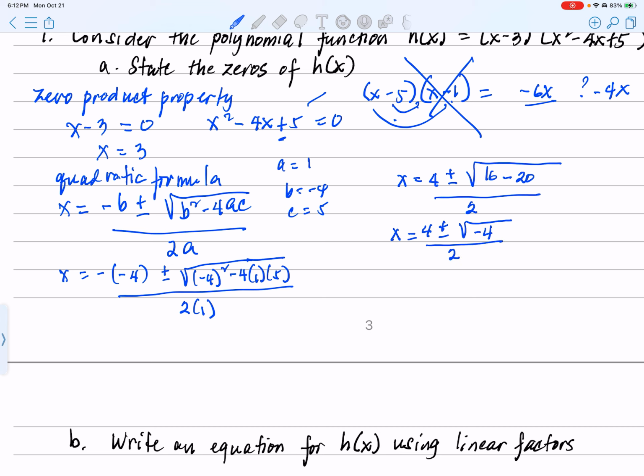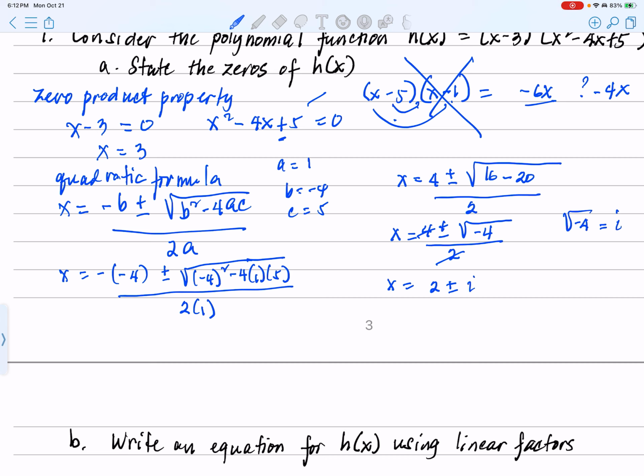Remember, when we have a negative value under a radical sign, we have an imaginary number. That gives 4 plus or minus 2i, over 2, which is 2 plus or minus i.